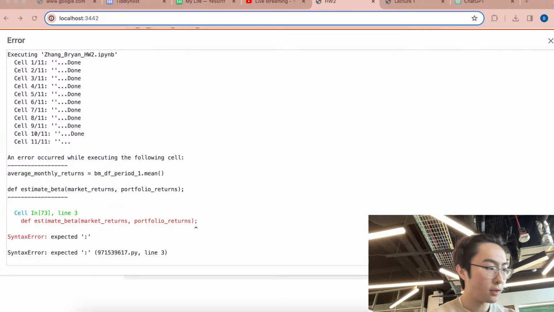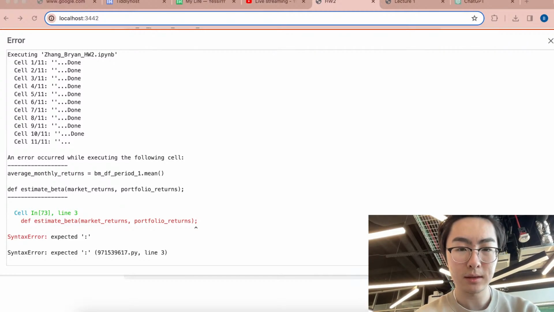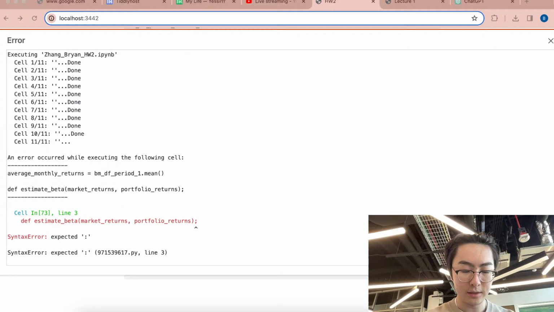So I'm thinking maybe we can add these two things into a data frame, and then we'll just call the covariance function. And then I think that should be as easy as that. Okay, let's think about this then. So returns df is equal to data frame, market returns, portfolio returns.